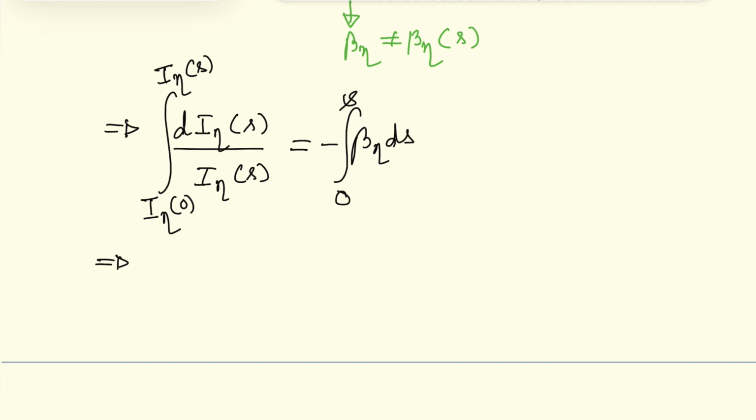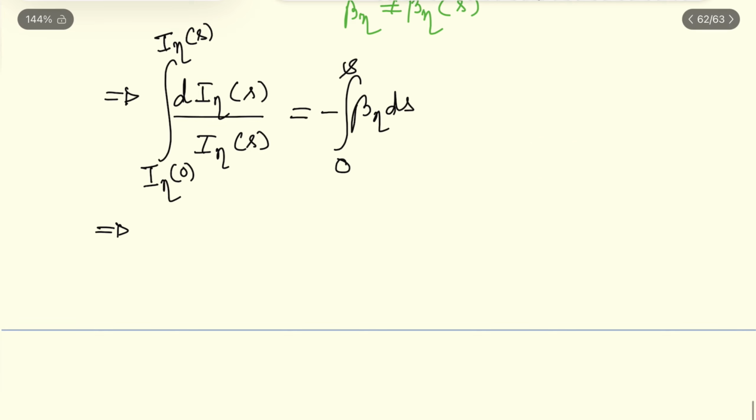So what is Iη0? I have already shown you the control volume like this. Here this point is s equal to 0, and this is ds. So s equal to 0 means the entry of the control volume, nothing more.